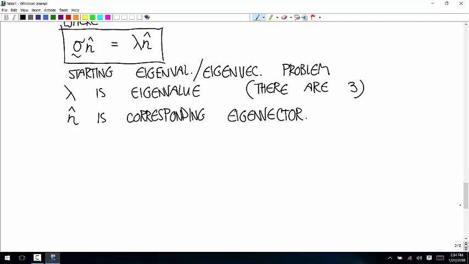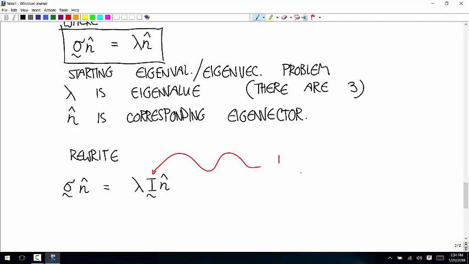All right, so how do we solve this? Well, first I'll rewrite this equation as sigma n is equal to lambda times the identity matrix times n, where this identity matrix is 1, 1, 1 down the diagonal and zeros everywhere else. Why do you think that's called the identity matrix?